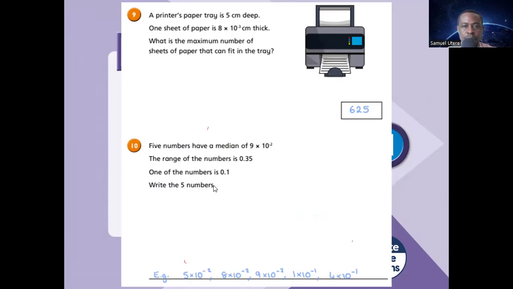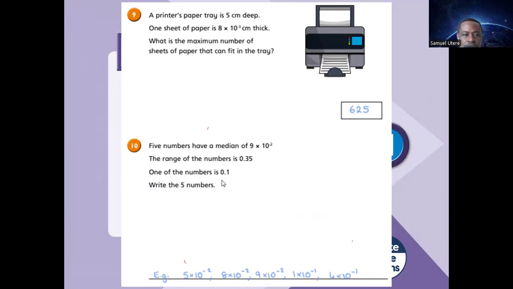Well, remember, what did we say we write median as? We start from the lowest number, we write to the highest number, and we pick the middle number. So if 5 numbers have this median and the range of the number is 0.35, we can pick numbers where if we subtract the lowest number from the highest number, we're going to get 0.35. That's how we work out the range.